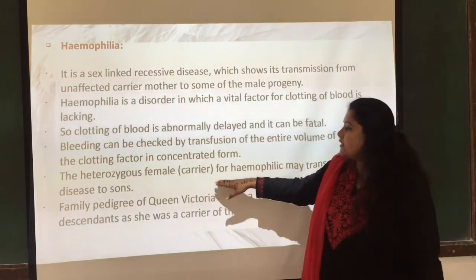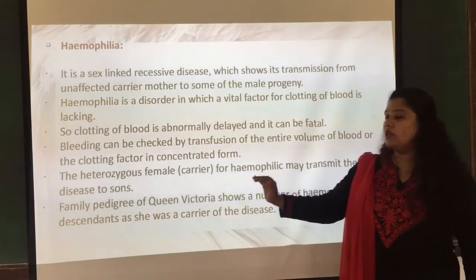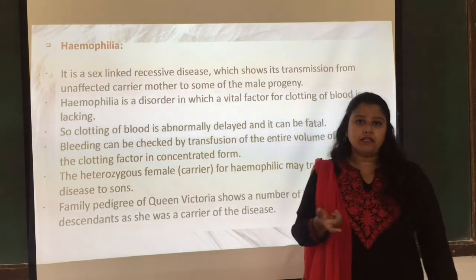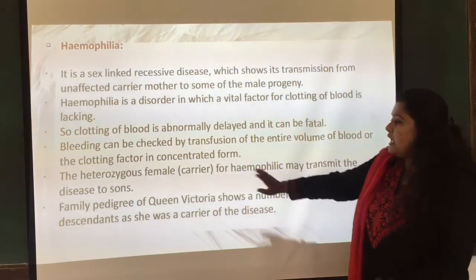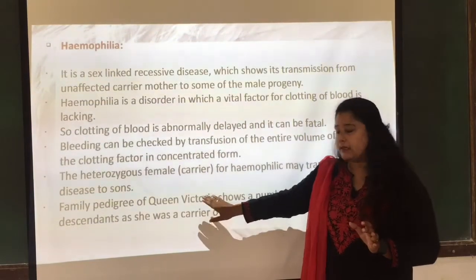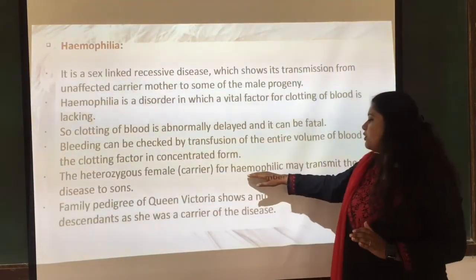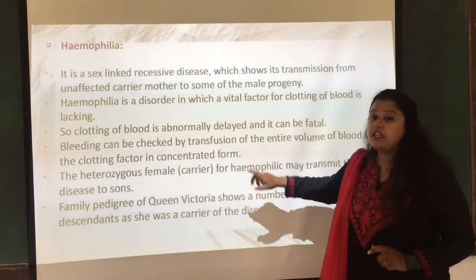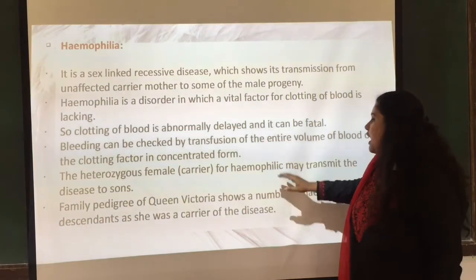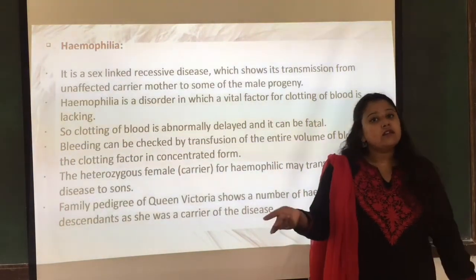The heterozygous female is a carrier for hemophilia and may transmit the disease to the sons, right? Heterozygous female, she will be the carrier of this particular disease, and the genes for hemophilia are being transmitted from her to her sons, right?